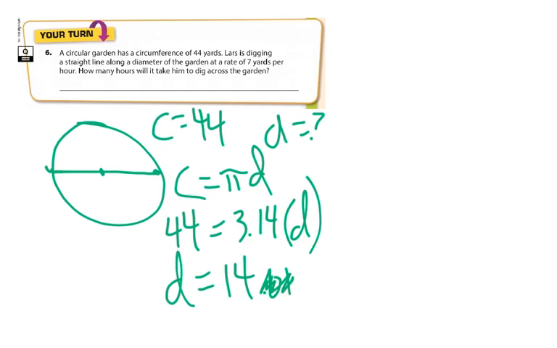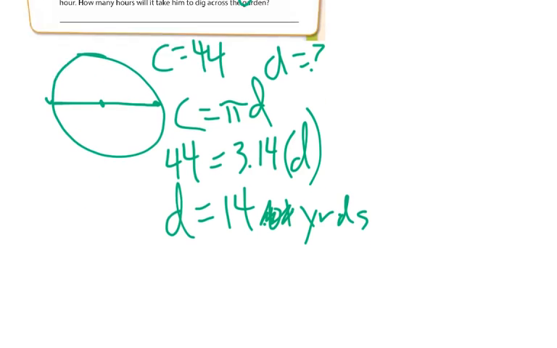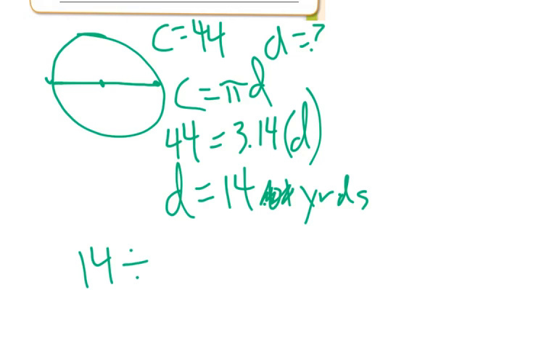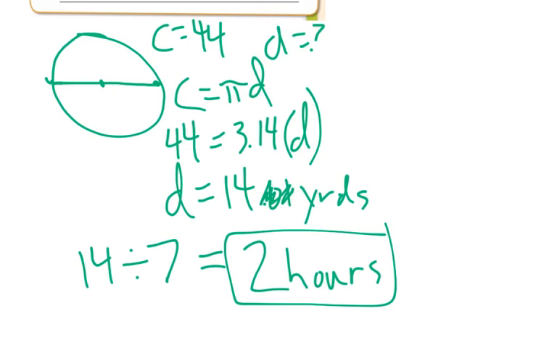Especially since we take a look at how fast he's digging, 7 yards per hour. So in order to dig this ditch along the diameter, he's doing 7 yards per hour. If there's a total of 14 yards, that means we'll just take our 14 divided by 7, and that'll tell us how long it'll take him to do this, which is 2 hours.